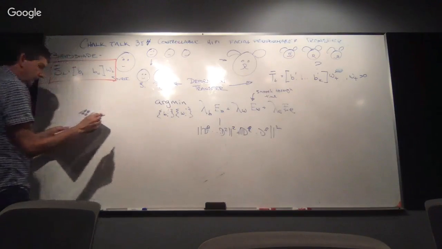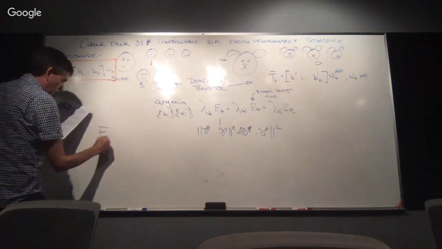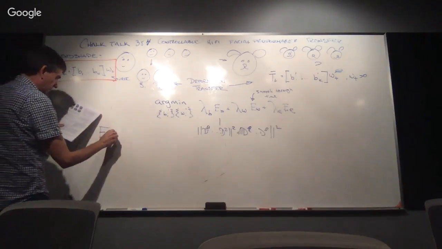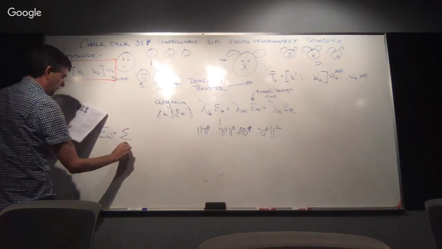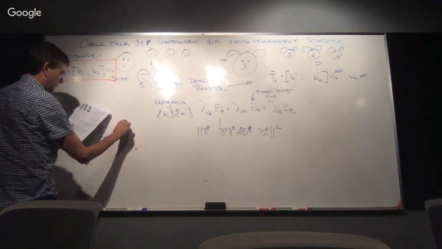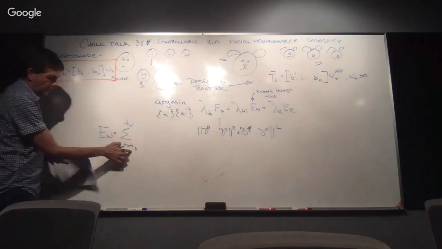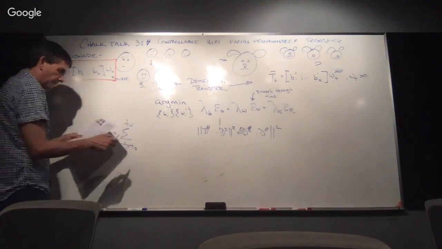So the way E_W is, this is basically the energy, right? Of this is t equals t_s plus t_w. There's some time window here.